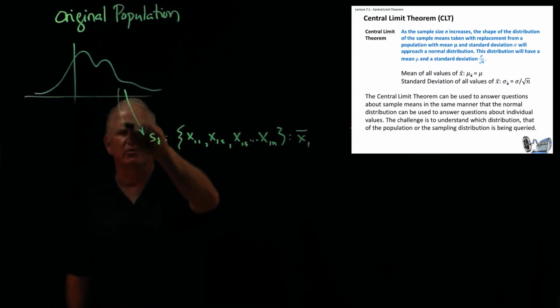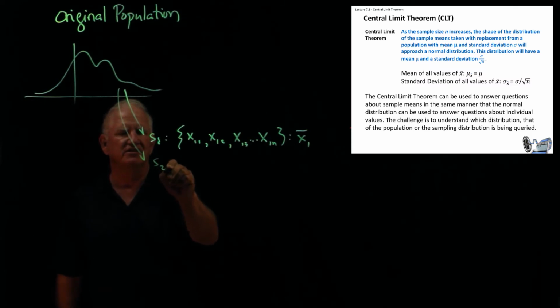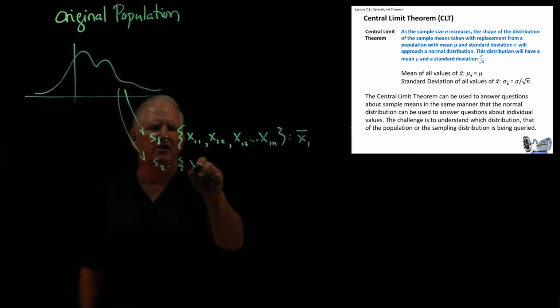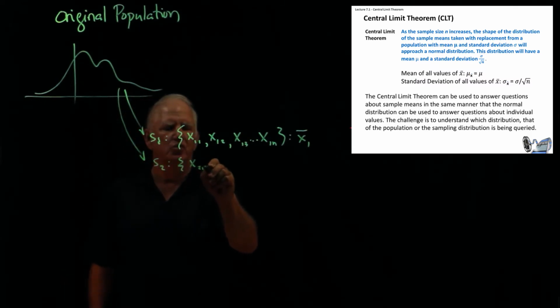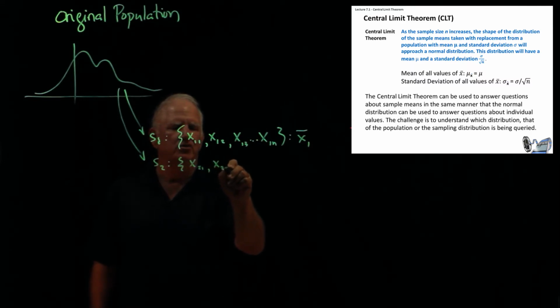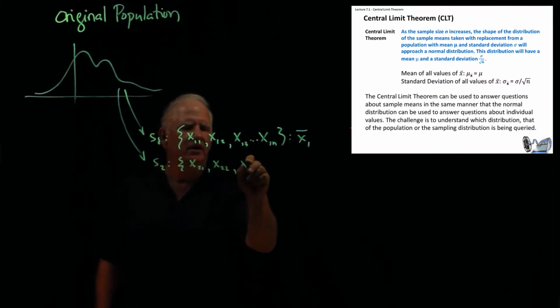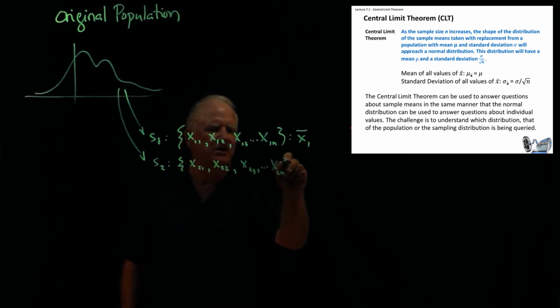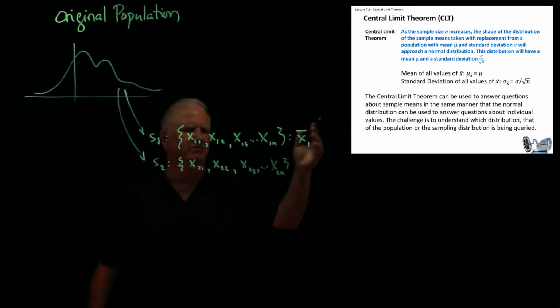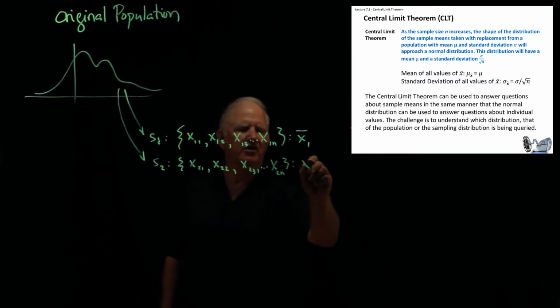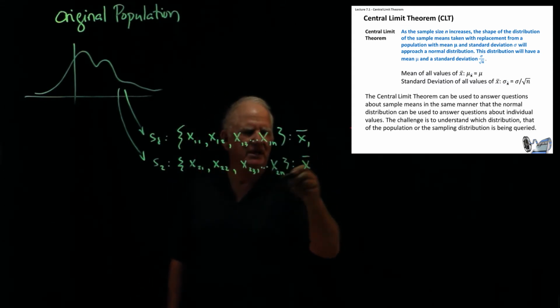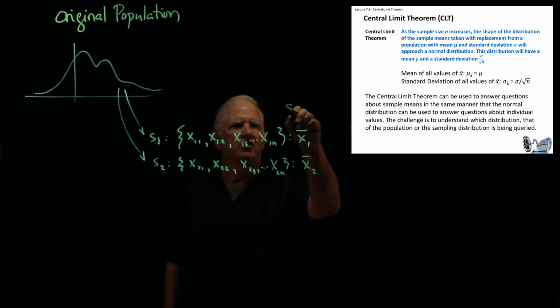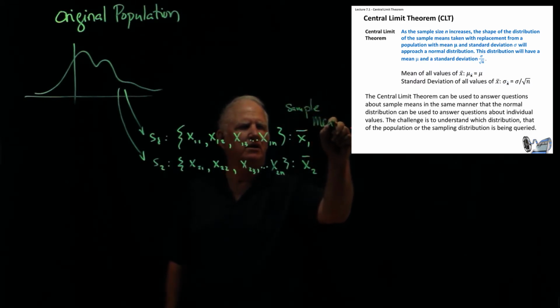Let me take a second sample, again of size n. What's that sample look like? Well, that's x2,1, x2,2, x2,3, dot, dot, dot, x2,n. If I add those all up and divide by n, I get another mean, a sample mean. These are called sample means.